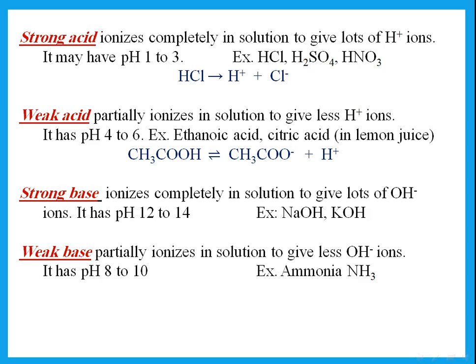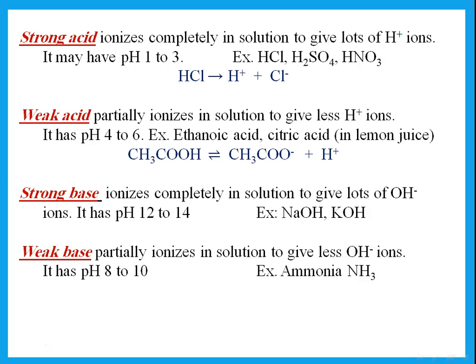Other types of acids are weak. A weak acid will only ionize partially. What does that mean? CH3COOH is ethanoic acid. We will be talking about it a lot more when we talk about organic acids. For now, just know that ethanoic acid is CH3COOH.